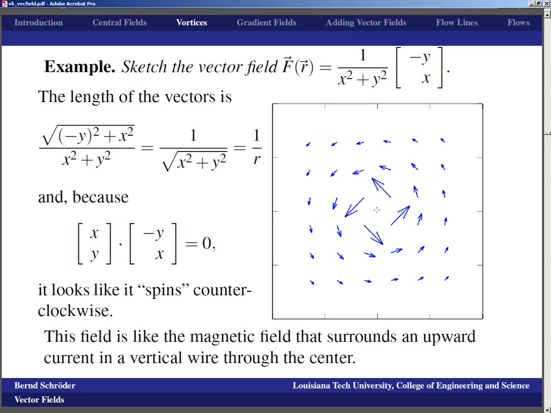And the magnetic field declines with the distance from the center of the wire, so it declines with 1 over r, not with 1 over r squared like the electric field. So this really is an exact description of such a vector field.